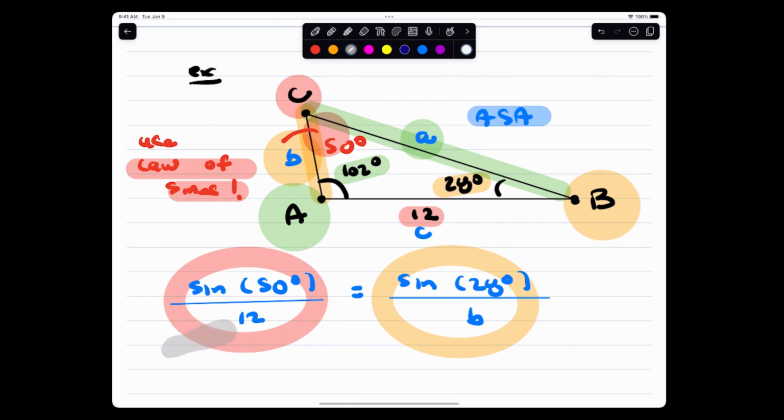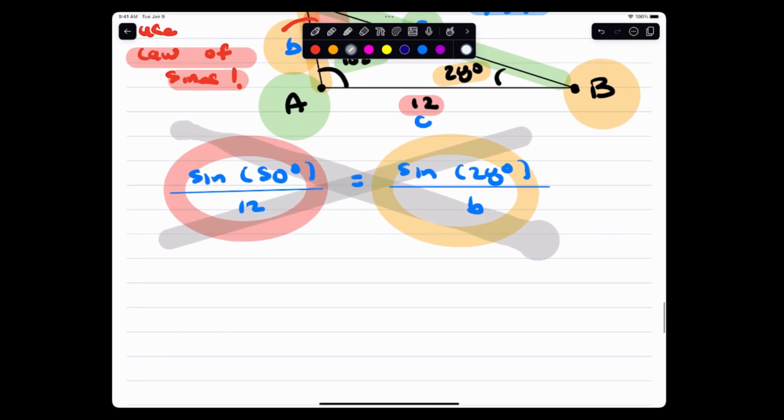All right. Now, what does that mean, ladies and gentlemen? Cross multiply? Okay. So that means we have sine 50 degrees times b will be 12 times sine of 28 degrees.